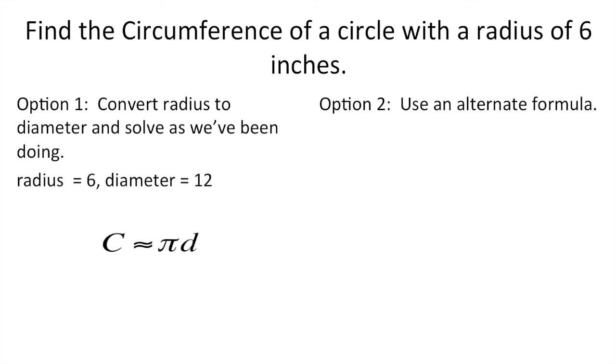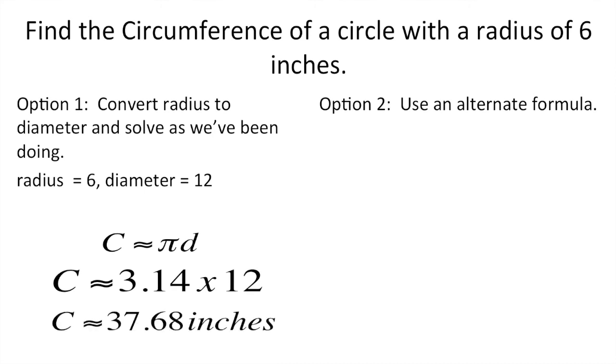Circumference is equal to pi times diameter, fill in what I know, and then solve. All right. The other option is to use an alternate formula, and the alternate formula is going to be this. Circumference is approximately equal to 2 pi r. Now if you think about it, this 2 and this r, basically I'm multiplying 2 times the radius.